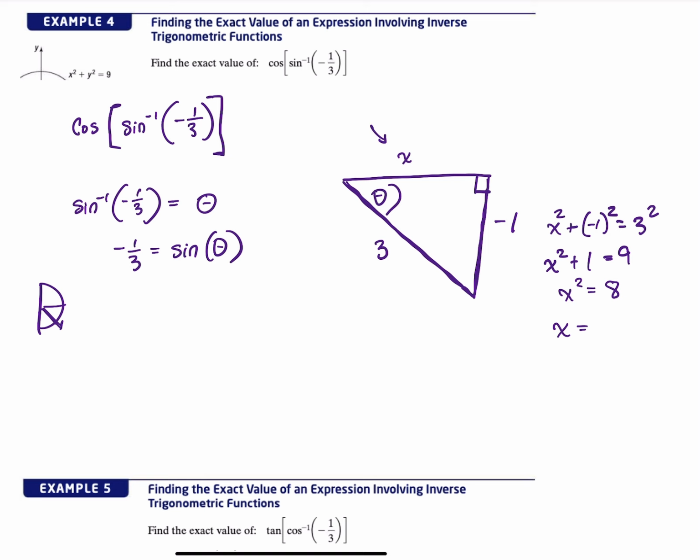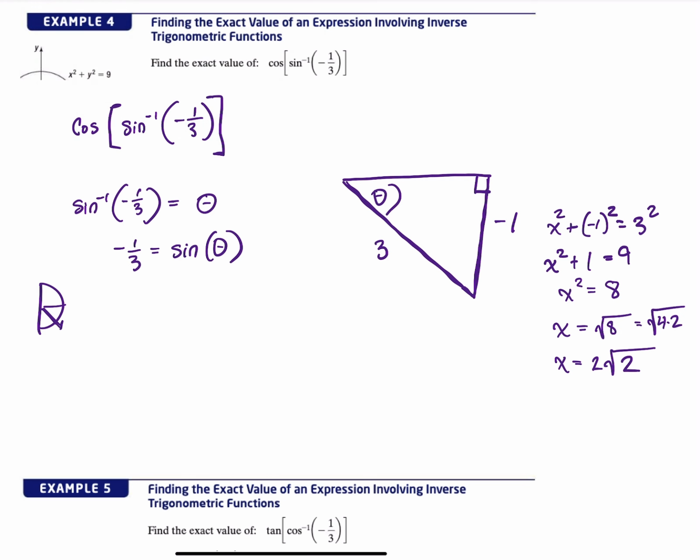This should be positive because we're in the fourth quadrant. X is positive. So I'll take the positive square root of 8, and then that will reduce to 2 root 2, because 8 is 4 times 2. You can write it out here. Square root of 4 is 2. That comes out as a 2 on the outside, and we have that 2 left inside. So that will be our side length here.